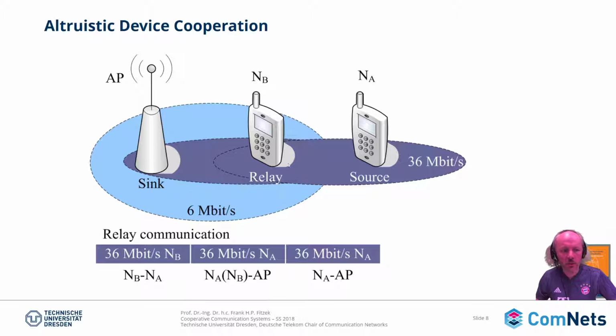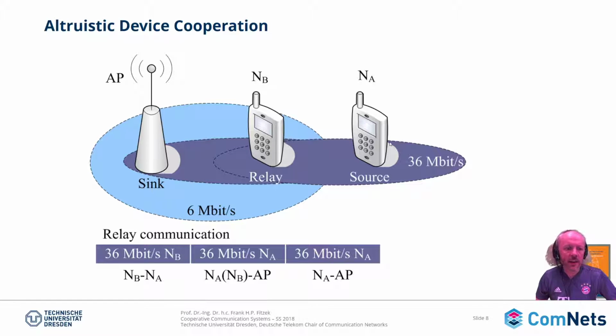Even if the base station could reach it with 6 megabit, it would cost more energy. But the question is still, why should node B do that? You can think about forcing this device. You can even think about the reciprocal rules from the vampire bat.